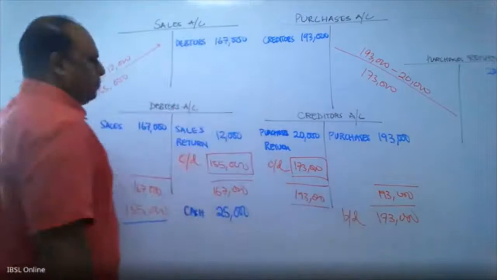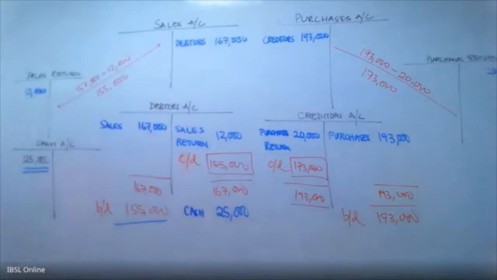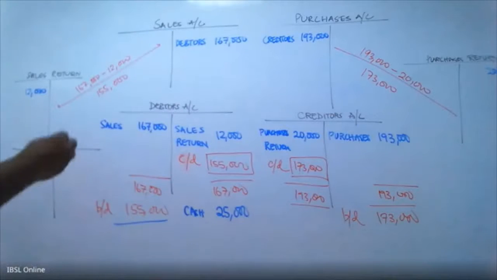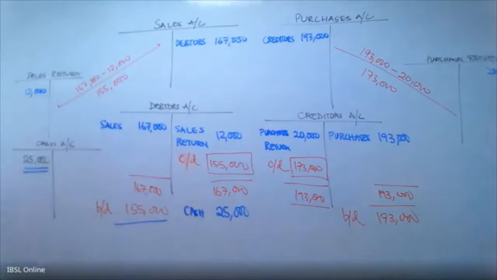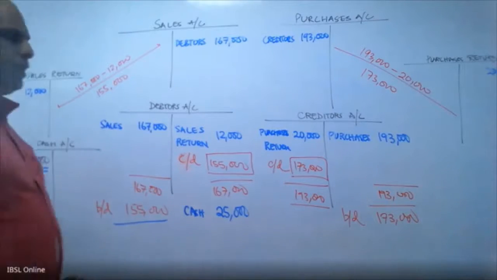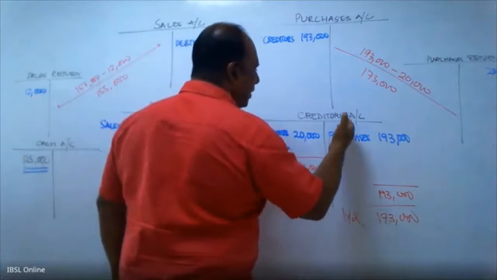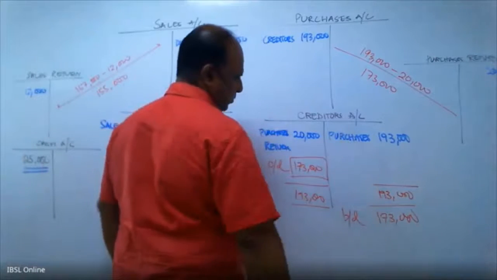be paid. If you pay in cash, let's say you pay 30,000 in cash to settle your creditors, what will you do? What will be your double entry? So when you pay cash to somebody, automatically your creditors will have to come down.